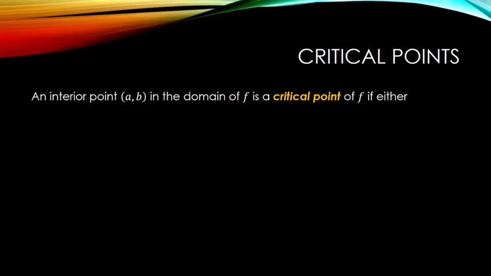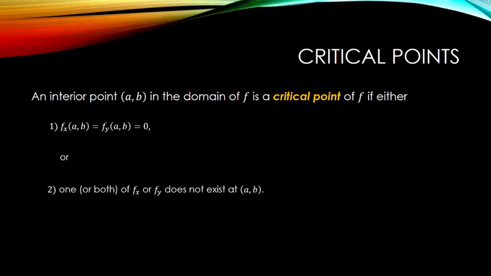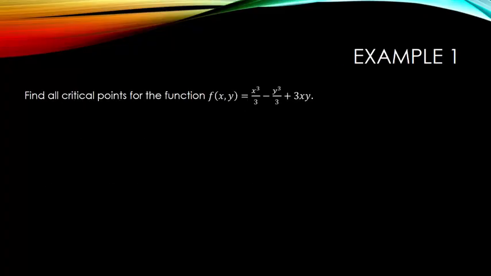An interior point (a, b) in the domain of f is a critical point of f if one of two conditions exists: fx at (a, b) and fy at (a, b) are both equal to 0, or one or both of fx or fy does not exist at the point (a, b). Either of these conditions will give me a critical point of my function on the interior of the domain at the point (a, b). So let's work an example.